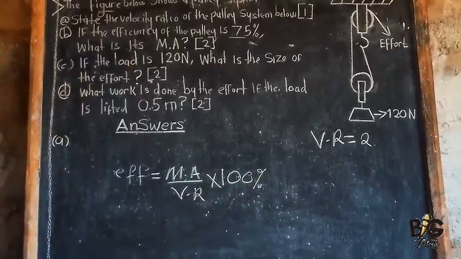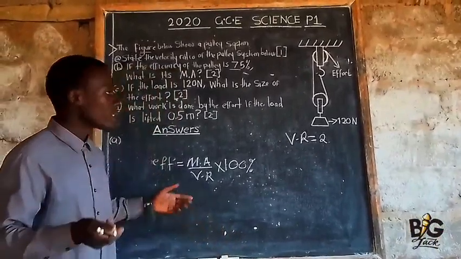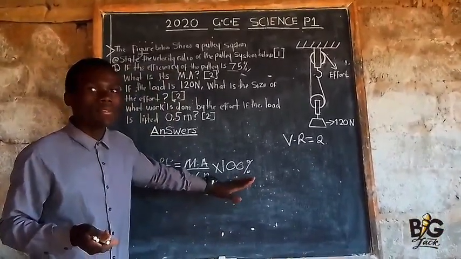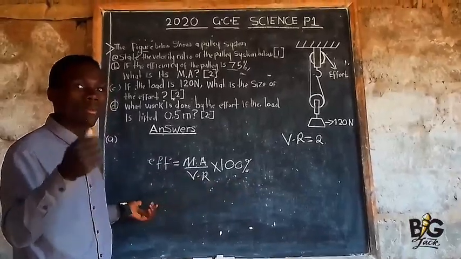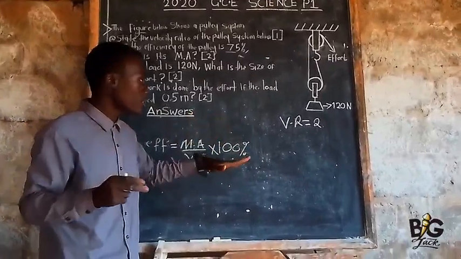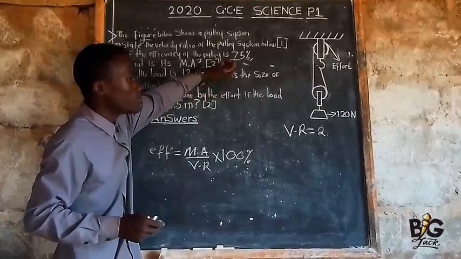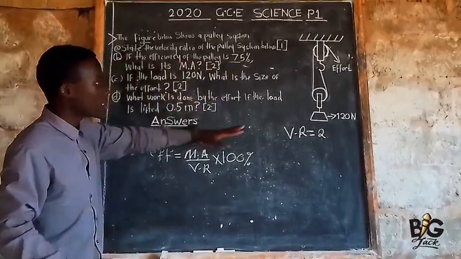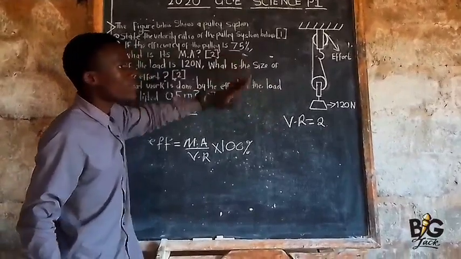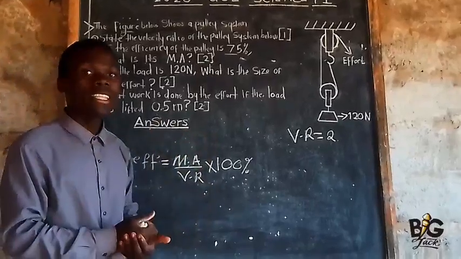So on this part here, one thing that you need to know is that a pulley system which has 100% as the efficiency is called an ideal pulley system. So always, an ideal pulley system has the efficiency of 100%. Now from this question we have been given the efficiency of this pulley system, which is 75%, meaning 25% went away through friction.